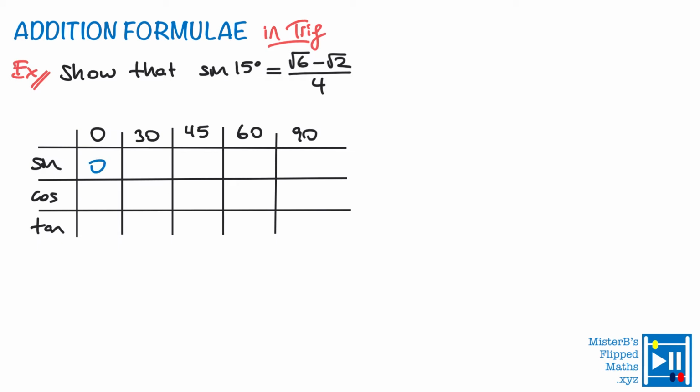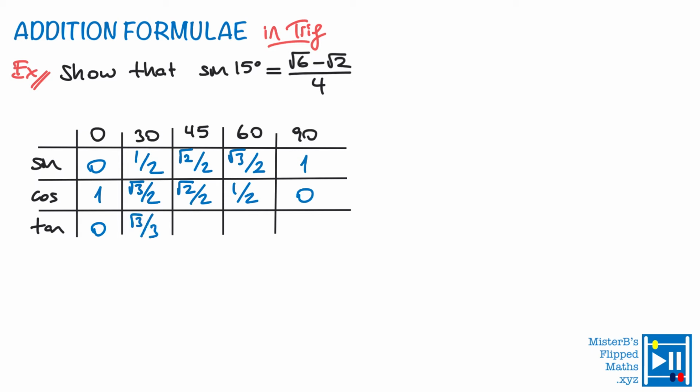So sine 0 is 0, 30 is 1 over 2, 45 is root 2 over 2, 60 is root 3 over 2, and sine 90 is 1. Now this row repeats itself for cosine, but backwards, so it is 1, root 3 over 2, root 2 over 2, 1 over 2 and 0, whereas for the tangent you just divide sine by cosine. 0 over 1 is 0, 1 over 2 divided by root 3 over 2 is root 3 over 3 after rationalizing the denominator.